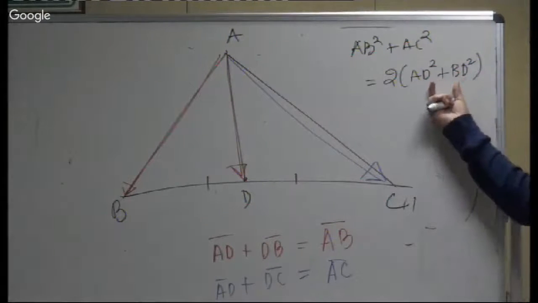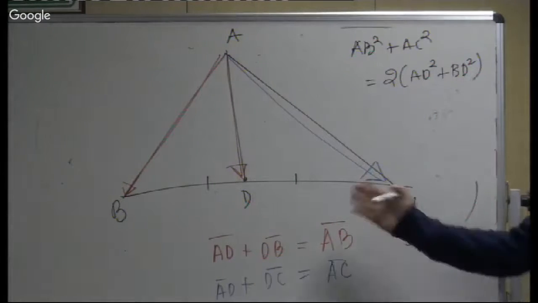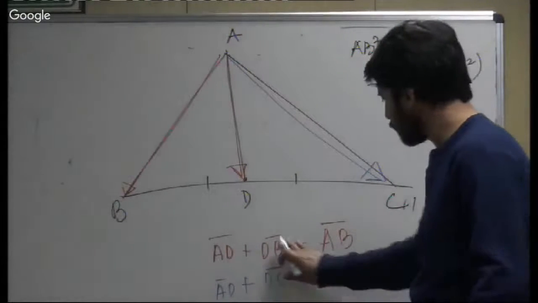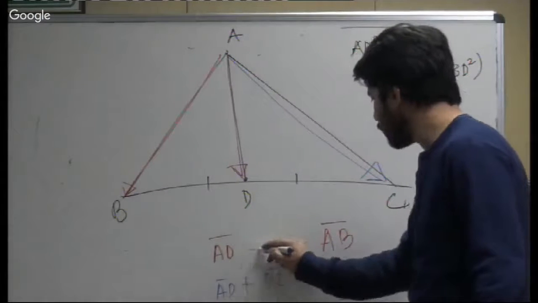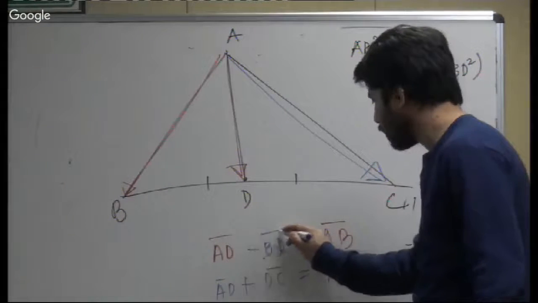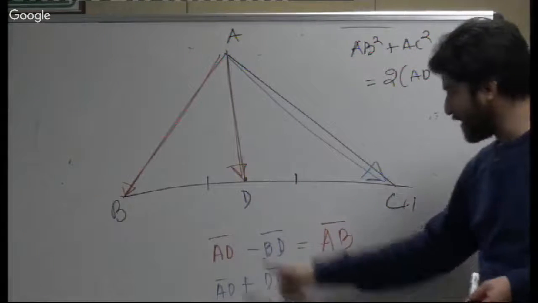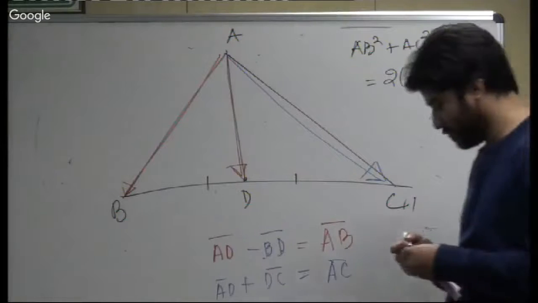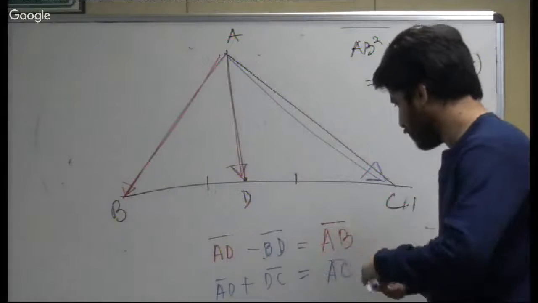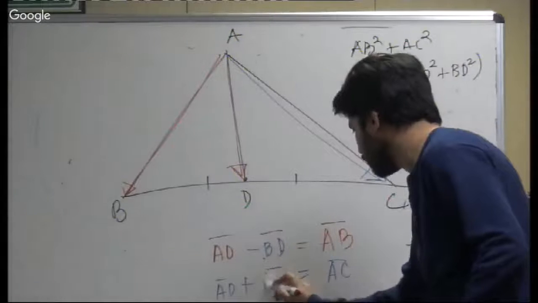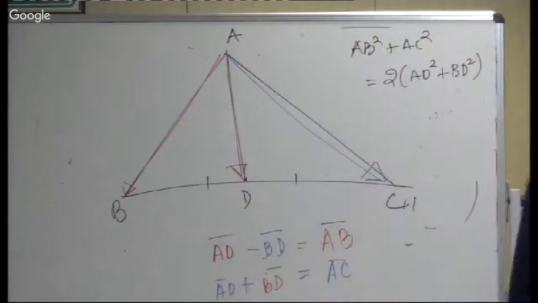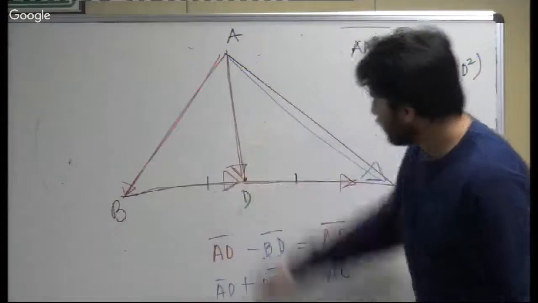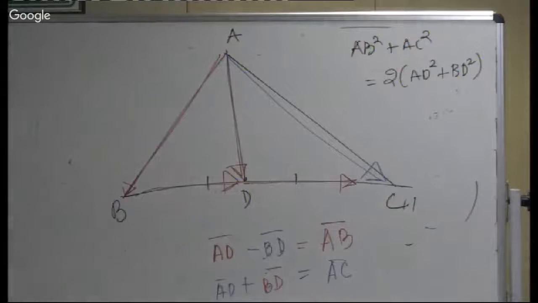On the right side, I find AD and BD. So I want my things to be written in BD form. So DB can be written as minus BD, and DC can be written as plus BD, because DC and BD are of the same magnitude and the same direction.